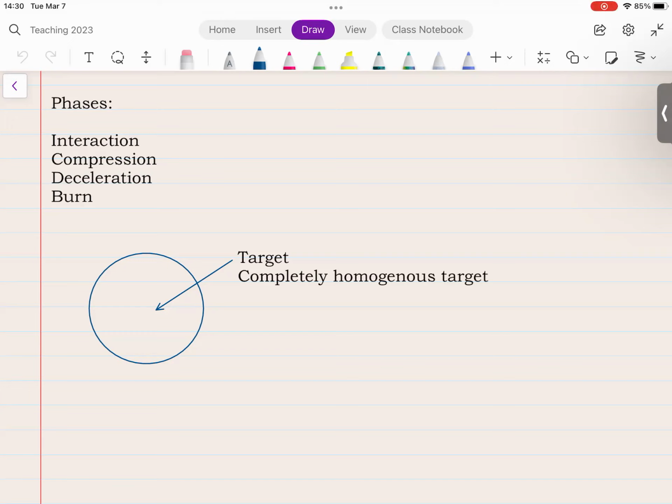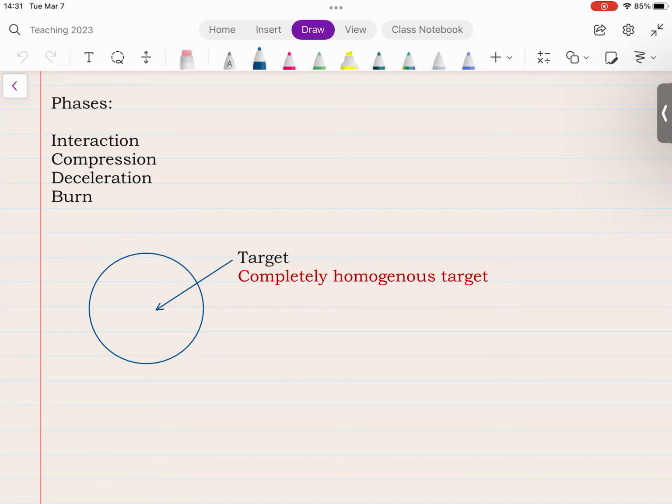That is, I'm not designing my target to have any variations in any properties as a function of radius.